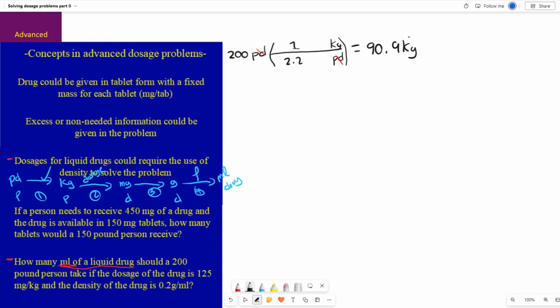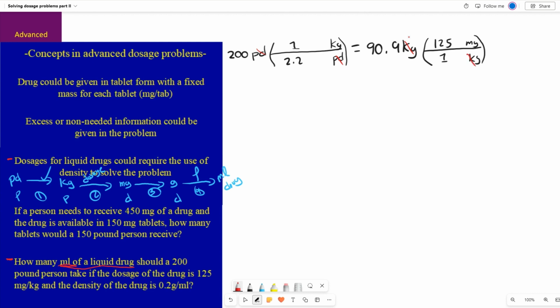Now we need to use the dosage to get to mass of drug. Put kilograms on the bottom so it cancels out, milligrams on the top, so we have milligrams of drug. And we see that our dosage is 125 milligrams for every 1 kilogram of person.